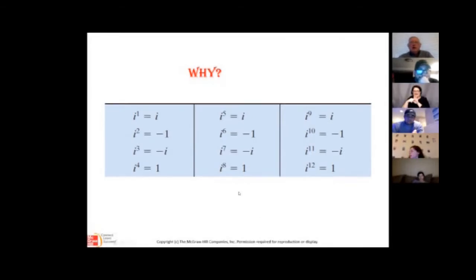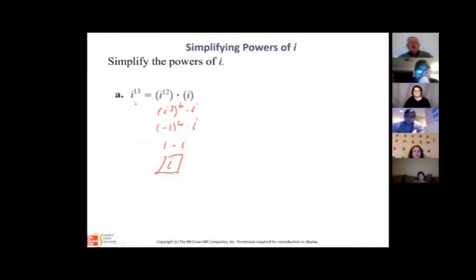Now, let's see how we get these answers. Here's our first example. If we had i to the 13th, what we have to do is come up with a set of i squares, which have a conversion factor of -1. Well, 13 is an odd power, so we break it down to its biggest even power times i to the first, or in this case, i to the 12th times i to the 1st.